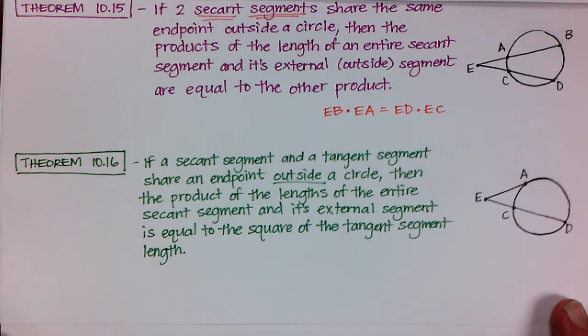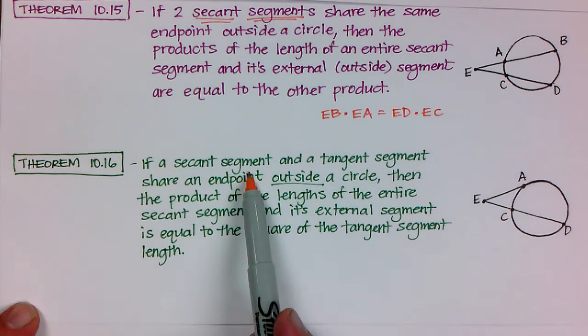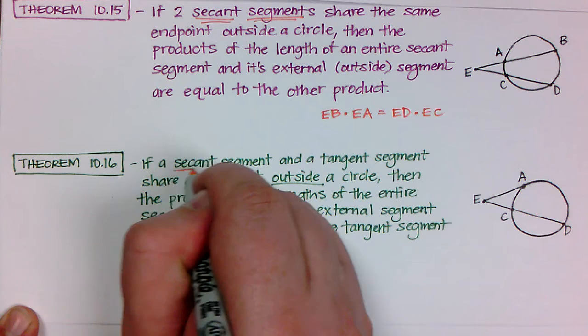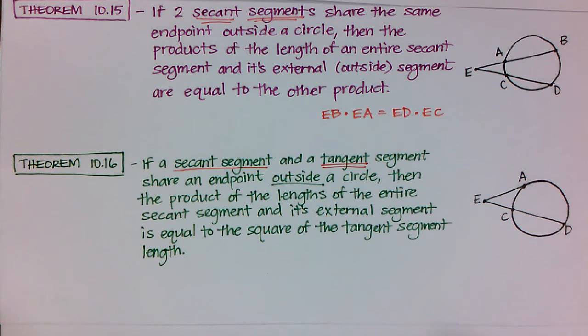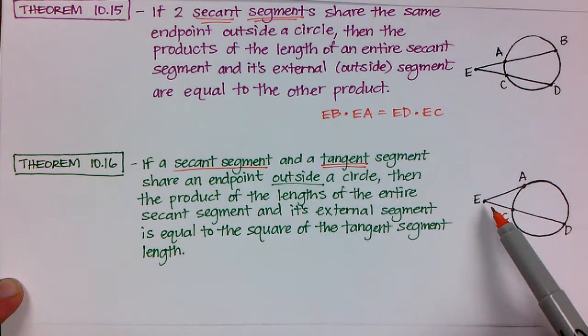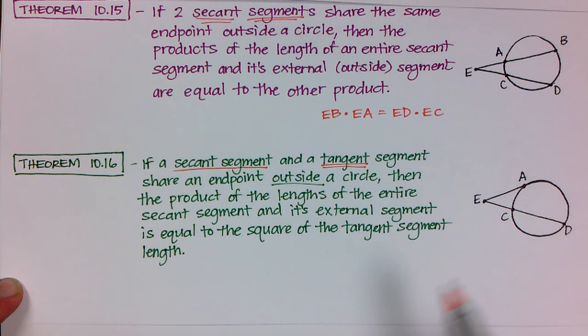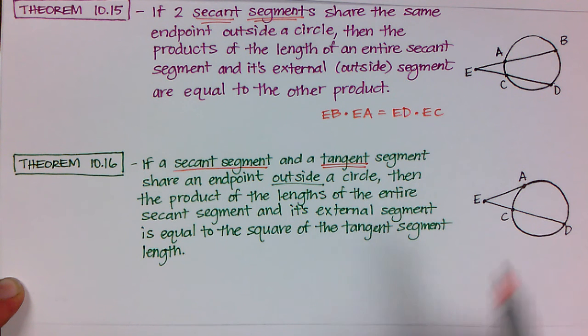Theorem 10.16 says, if a secant segment and a tangent, so this time I have a secant segment and a tangent, share an endpoint outside, so this is kind of similar to what we had before, except now one of the segments is a tangent, then the product of the lengths of the entire secant segment and its external segment is going to equal squaring the tangent segment length.